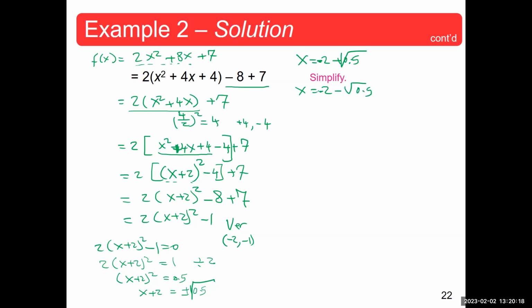So basically the answers are going to be negative 1 something, and negative 2 something. What is the y-intercept? If we put 0 here, we get 0, 7. The y-intercept comes from finding f(0).